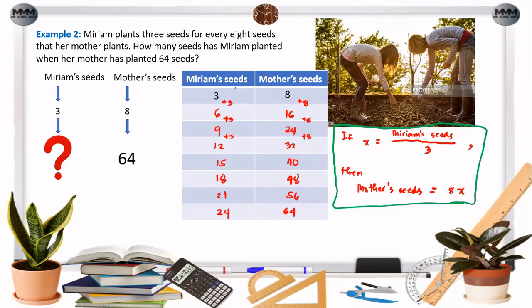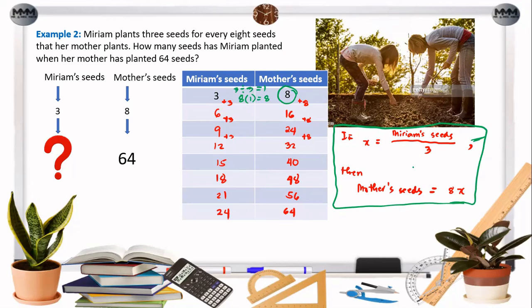From our conjecture, we can divide Miriam's seeds by 3. So 3 divided by 3 is 1. For her mother's seeds, we have 8 times X. So we multiply 8 by X, we have 1, so this is 8. As you can see, we have here the entry 8. Another one here.